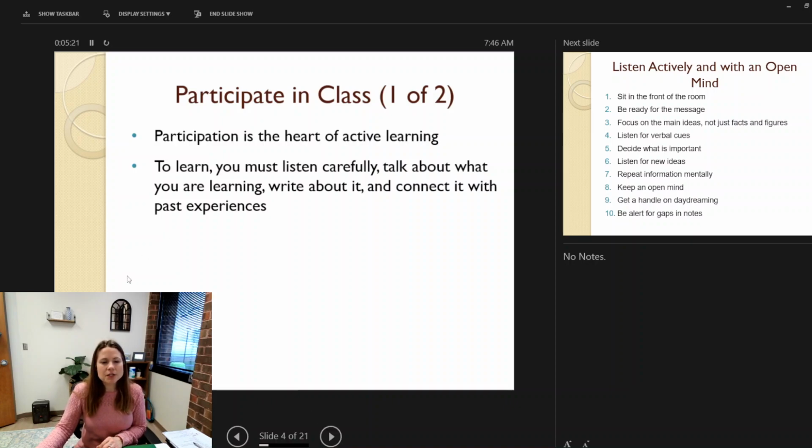So participation is going to look different depending on what type of class you have and how it's delivered to you. You have to listen carefully, especially if you're in class. Talk about what you're learning through discussion boards or with your peers. Write about it. Connect it to your life and experiences that you've had. That's what we call active participation.